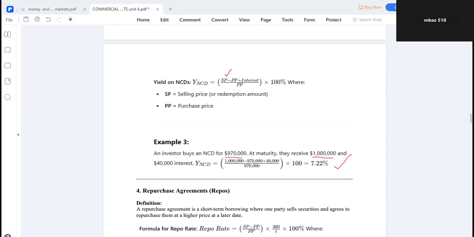If interest rates rise, the value of this NCD may fall. And also, default is possible if the issuing bank becomes insolvent. And at times, there's lack of access before maturity, unless it's sold in the secondary market. Okay, so that is how we calculate.